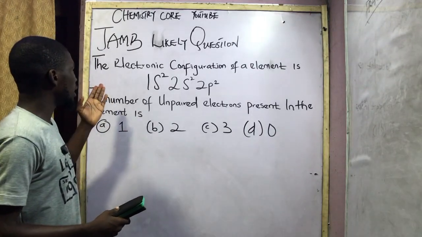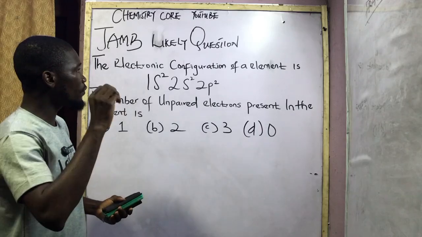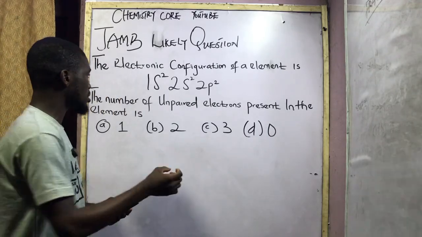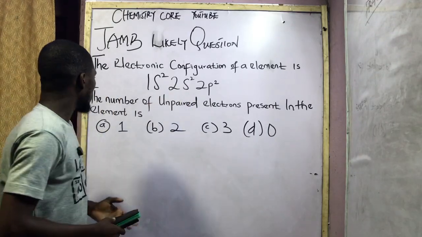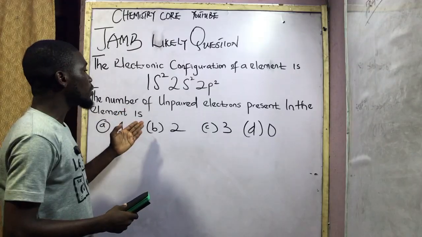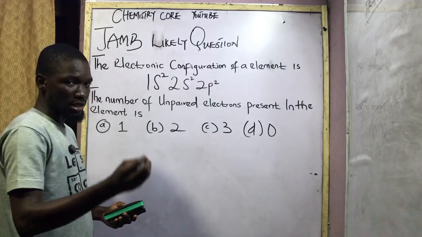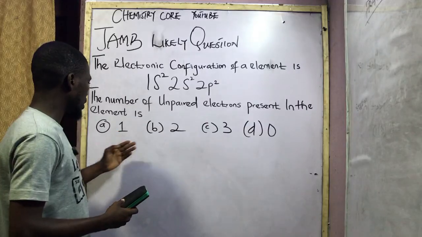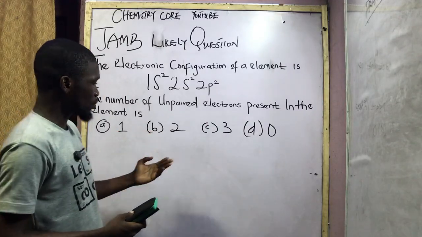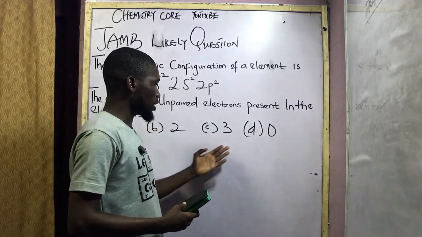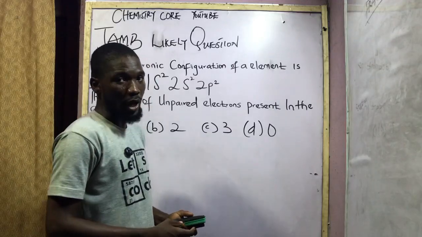It says the electronic configuration of an element is this. The number of unpaired electrons present in the element is: option A, 1; option B, 2; option C, 3; while option D, 0.